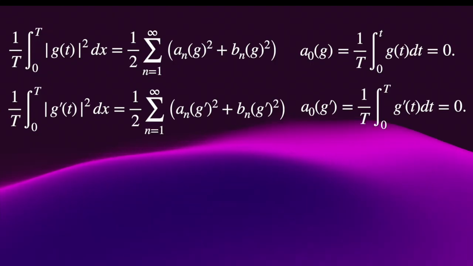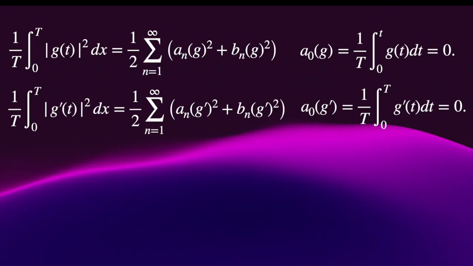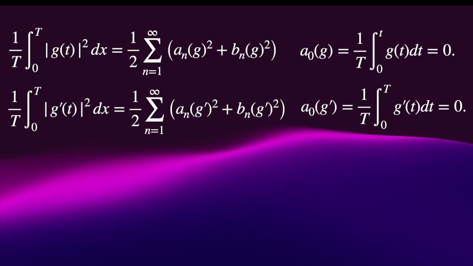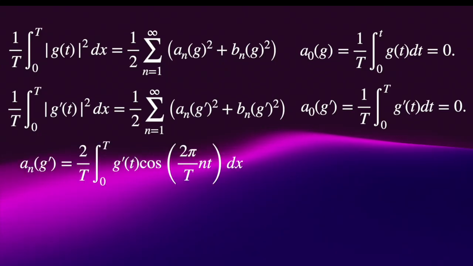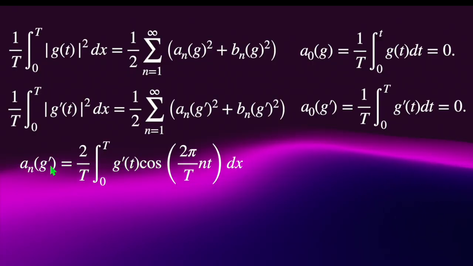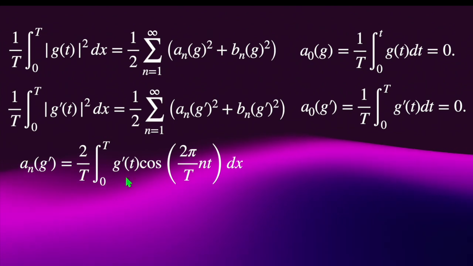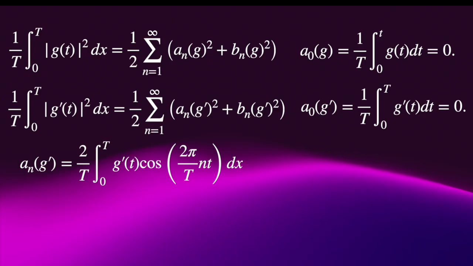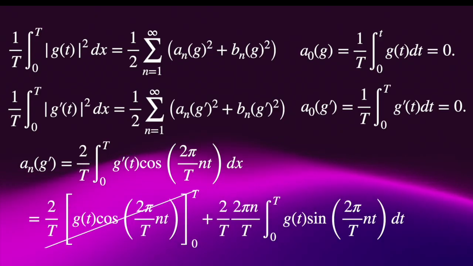Now there are relations between the Fourier coefficients of g and the Fourier coefficients of its derivative. We start with a_n(g'), which is 2 over T times this integral, and by integration by parts we get that it is equal to this quantity.